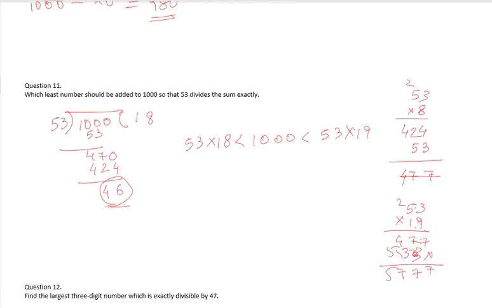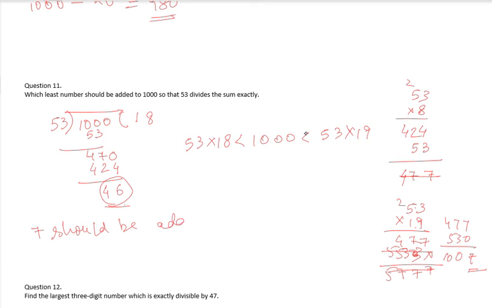So I'll write it clearly: 477, and this is 530, 1007. So if I add 7, do I get a number divisible by 53? The answer is yes. So 7 should be added to 1000.